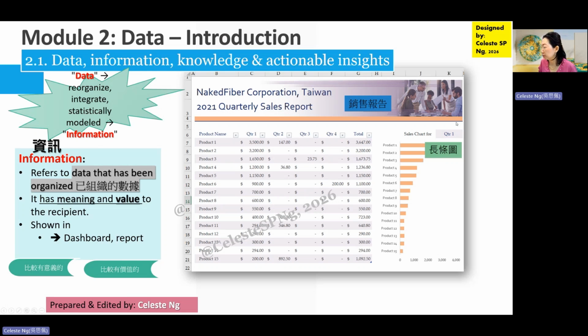For example, we have an organization, and this is a sales report showing different types of product and the quantities sold in the first quarter, second quarter, and so on. And then for quarter 1 to 4, the total sales for product one, and then we draw a bar chart.